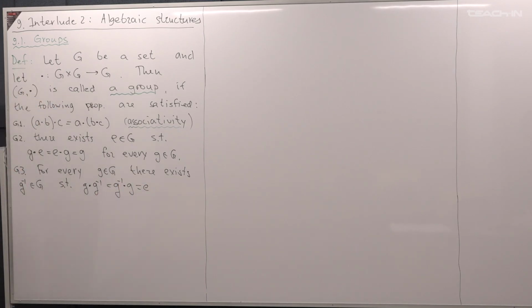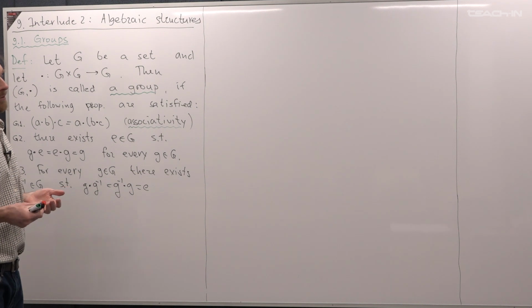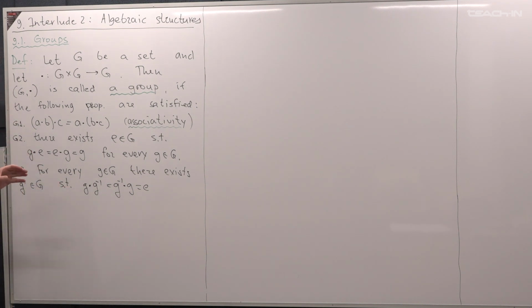So we require that these three properties should be satisfied, and if they are satisfied for some set with some operation of this kind, then this set is called a group. So this pair is called a group, or we just can say that G is a group with respect to the operation dot.